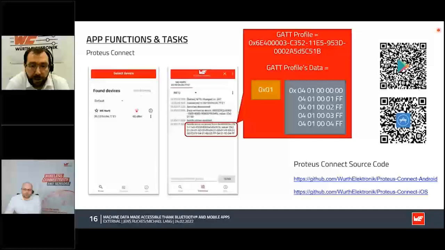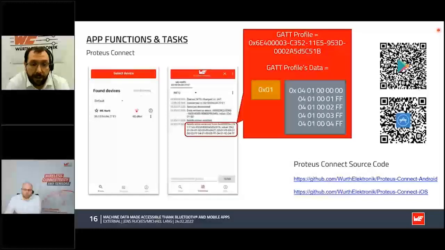Above we see the GATT profile number, which is a 128-bit number. This indicates the type of the protocol that's used for the data. You can get these numbers on a web page, register your numbers and get some assigned for your free use. And these numbers or the protocol that's used are manufacturer specific.